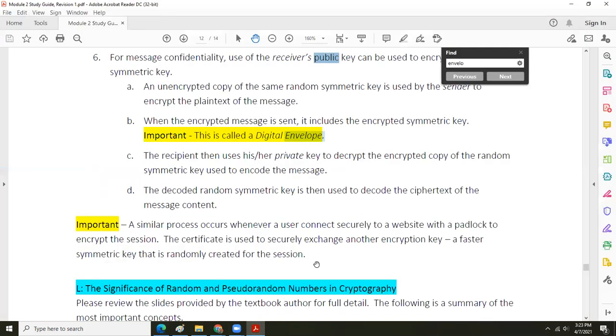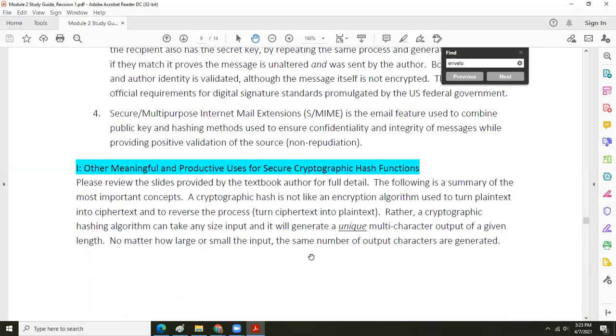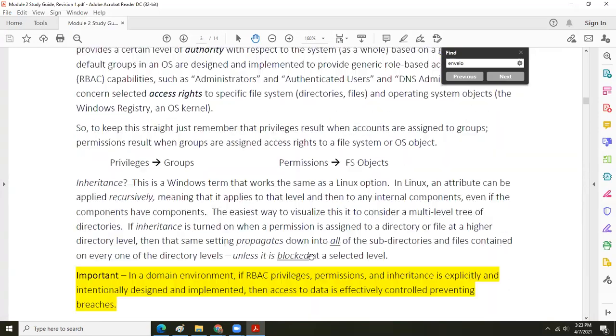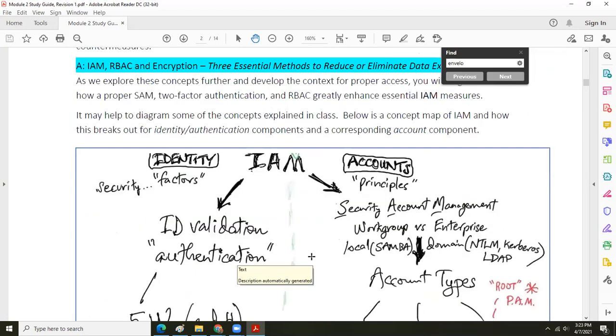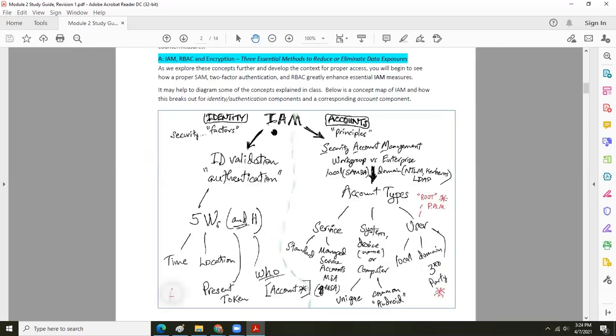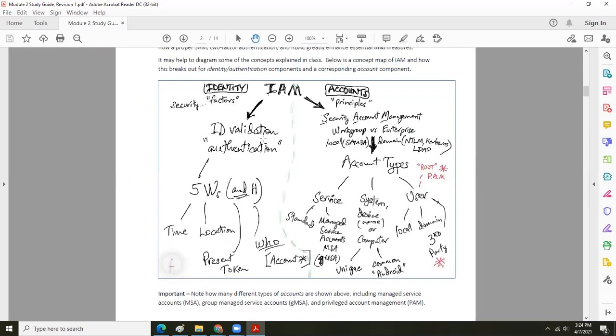We get back to this diagram at the top. All right, so when we're talking about identity, we're talking about this side. When we're talking about PAM, we're talking about that side.